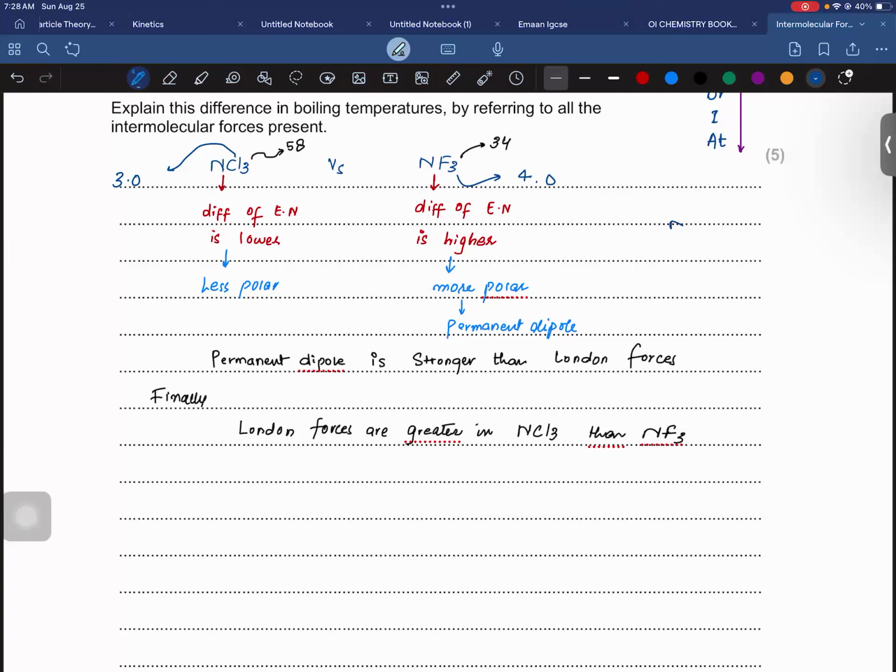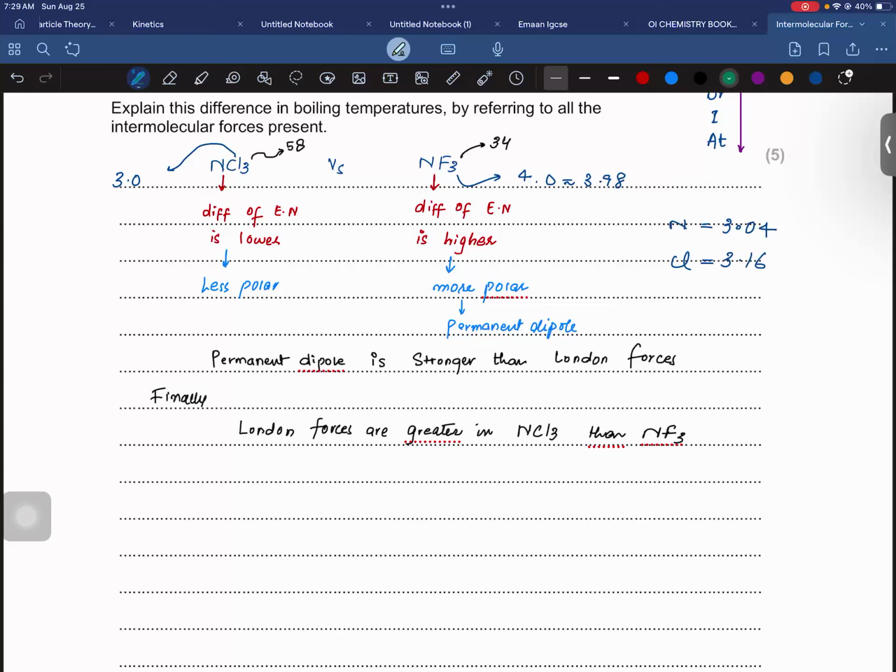Nitrogen is 3.04, and the exact electronegativity of chlorine is 3.16, and of fluorine is 3.98, which is approximately 4.